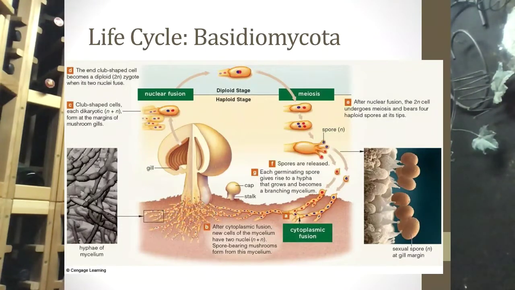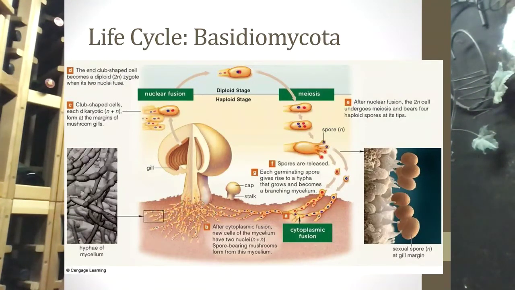And so once they fuse, the two haploid cells now are within the cell, and we refer to them as N plus N. Okay, this then starts producing the structure of the fruiting body, okay, the mushroom or the Basidiocarp.